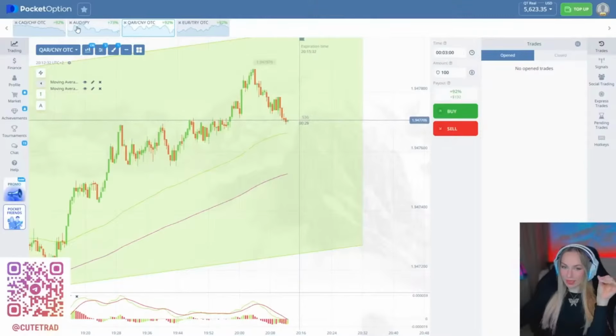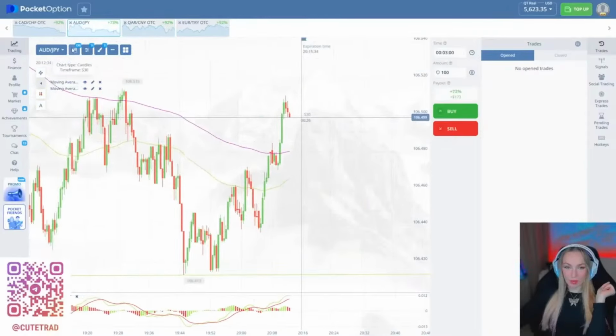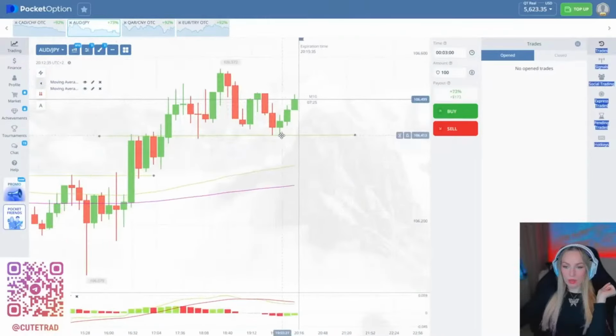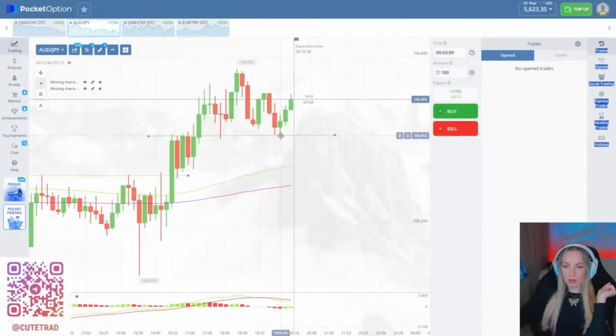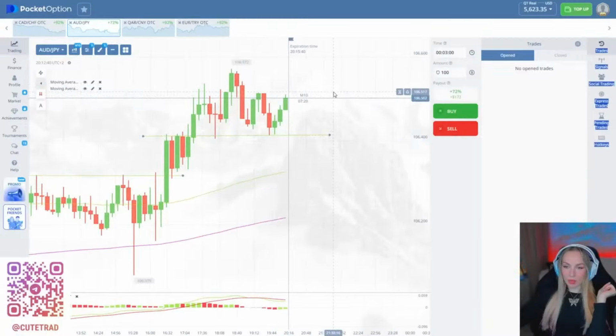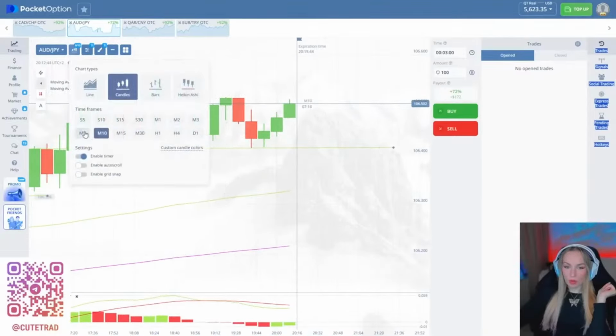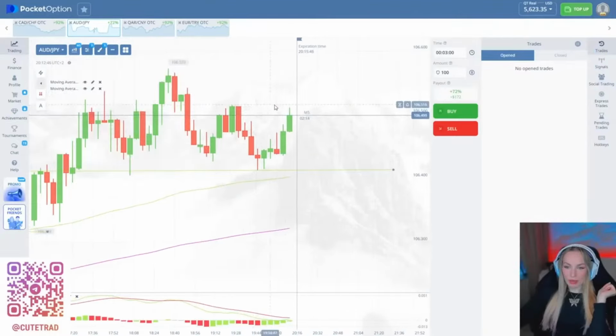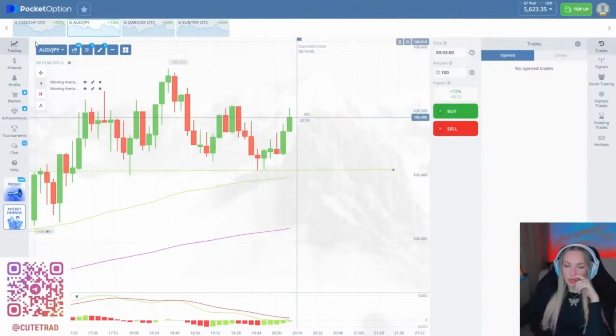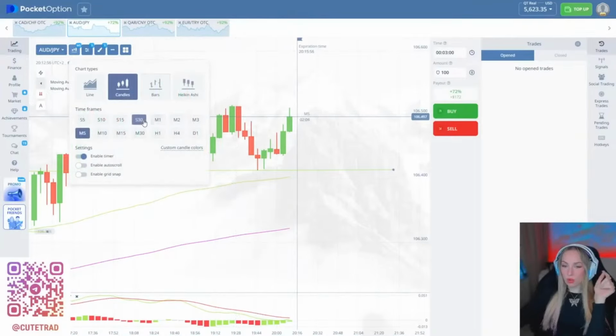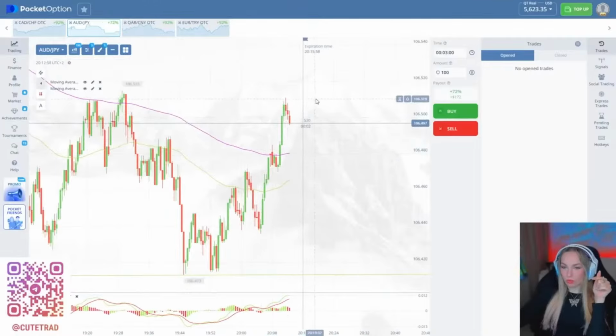Stable, that's nice. What about this one? I already don't remember. This one almost reached the previous top of this candle. Look, almost reached, and it can start going down, but also can go higher. So this one also I think we need to watch.